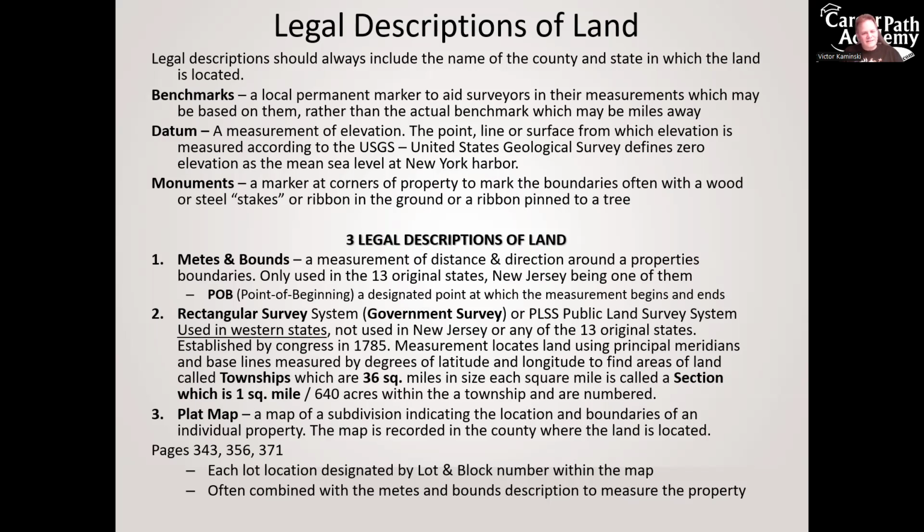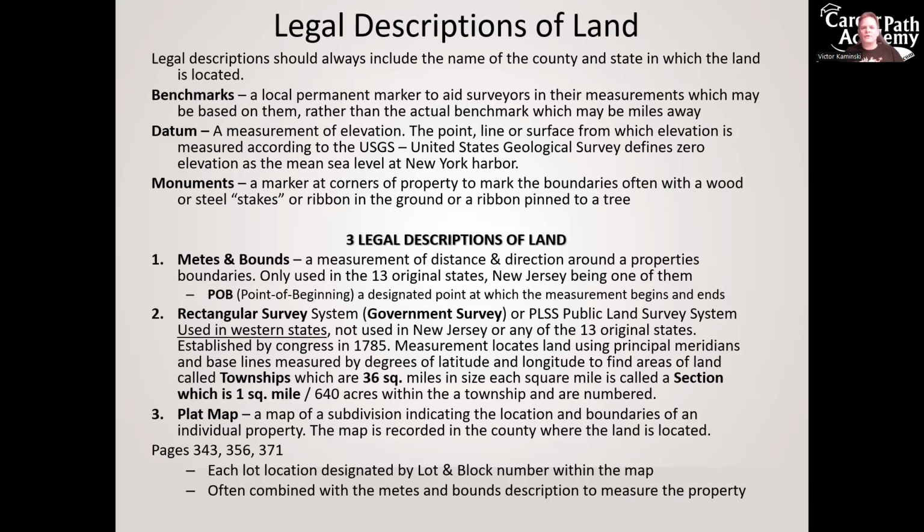And then lastly, a plat map is a map of a subdivision that indicates the location of each individual property and its boundaries. And that needs to be registered in the municipality or the county where the land is located. Now, even though we use lot and block numbers and addresses in contracts and other documents to describe what we're talking about, they are not considered legal descriptions of land.